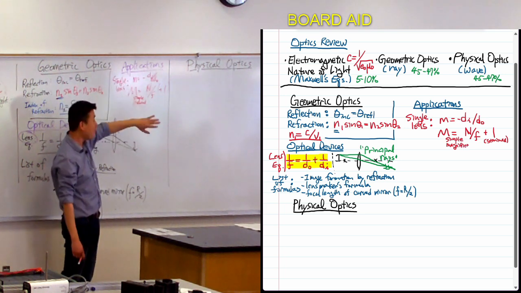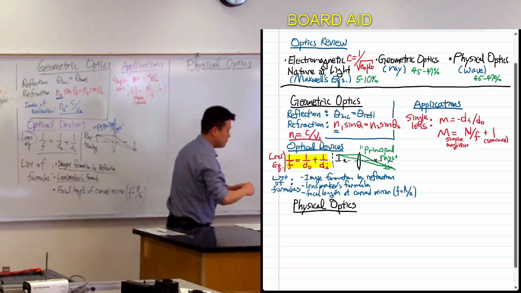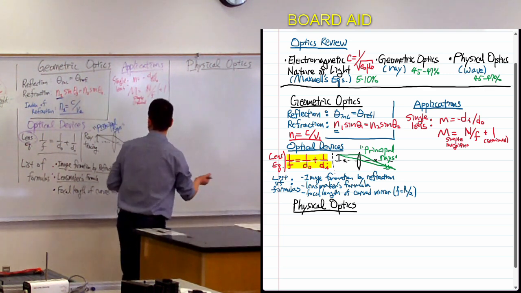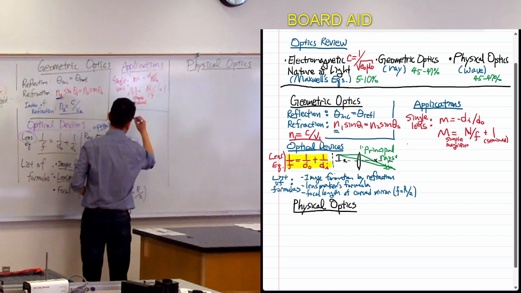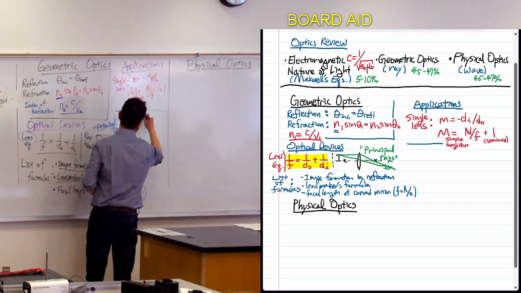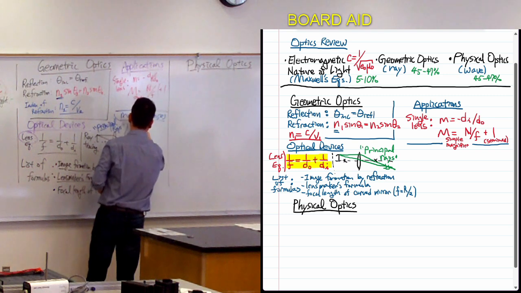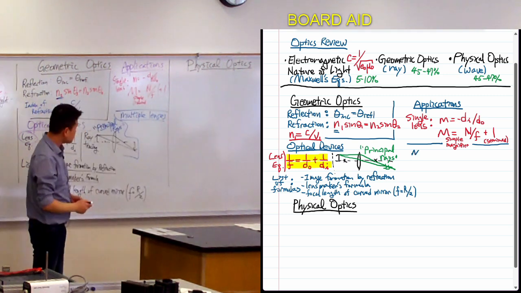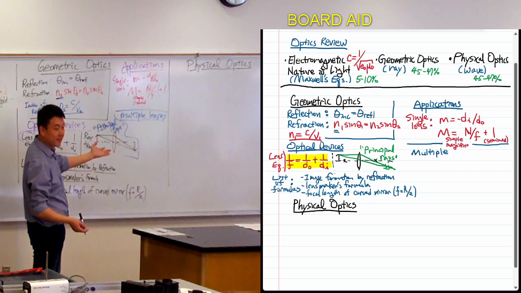If you want more than one lens, that's where you have to know how to handle a multiple lens setup. Multiple lenses. I kind of didn't manage my space, I'm running out of space.